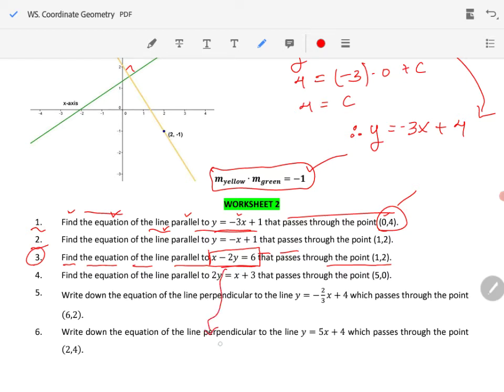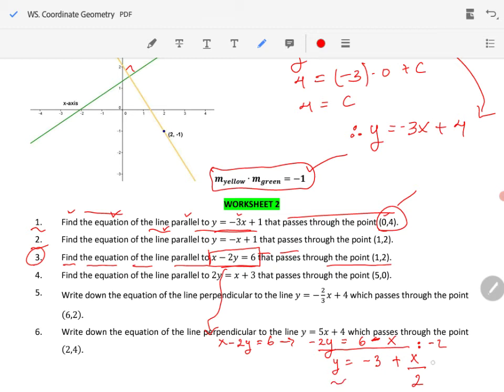If we have x minus 2y plus 6, we have to make y the subject. So -2y will be equal to 6 minus x. So y will be equal to -3 plus x over 2. Why? Because we divide this by -2, to make y the subject.